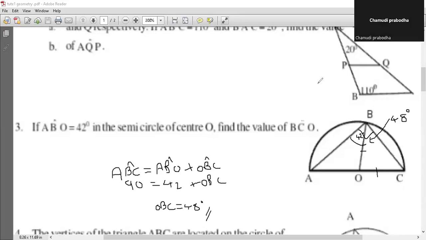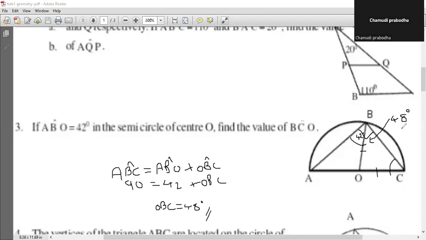In an isosceles triangle, angles opposite equal sides are equal. The angle opposite the OC side is OBC, and the angle opposite the side OB is the angle BCO.